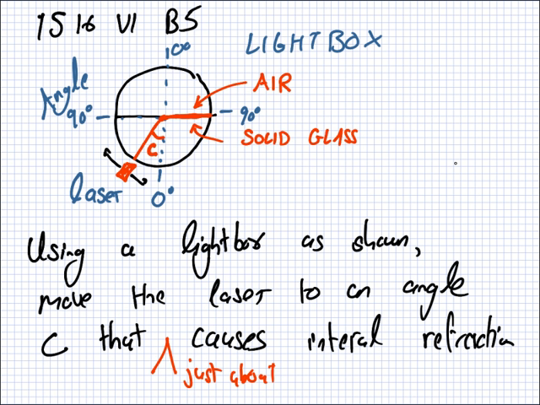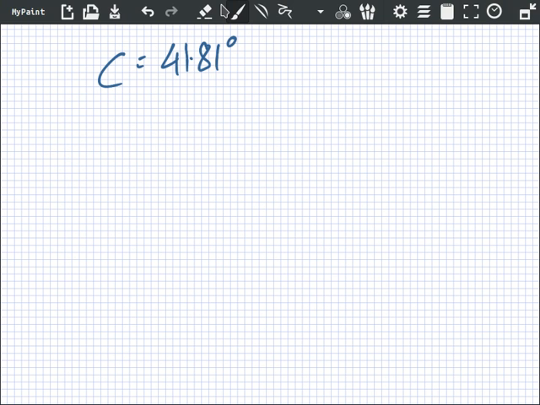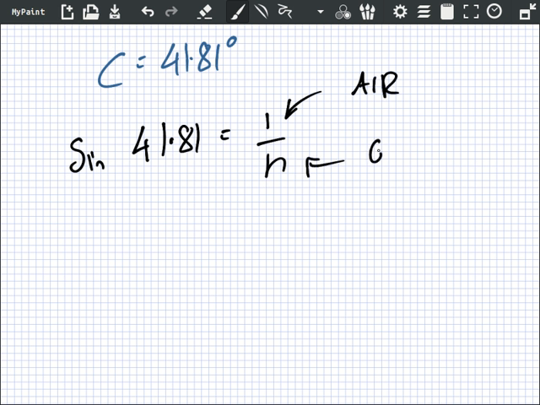Okay, what's the next part, Kim? Like that? Yeah. Let me guess the question. What's the refractive index? So 40 sine 41.81 equals 1 over n, and that one is for the air and that one is for the glass.